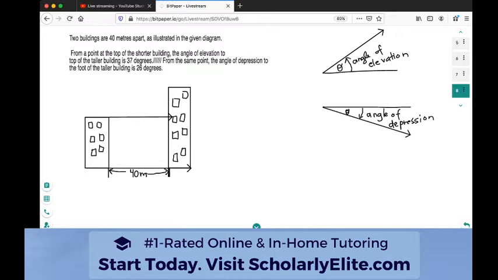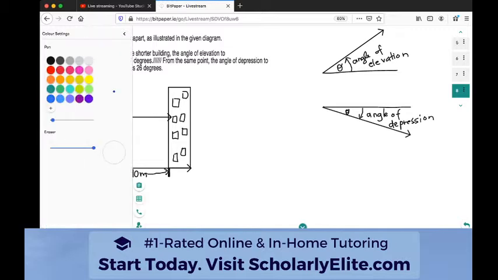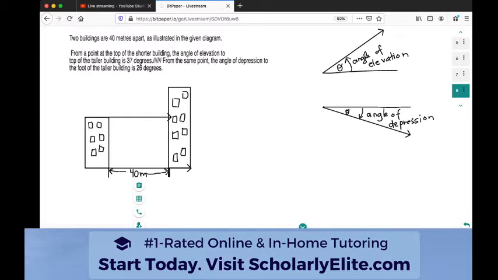Pretend that's like a dotted line. This is going to be our baseline. Because we're saying from a point at the top of the shorter building, that's going to be our baseline, and then we're saying the angle of elevation. I'm going to use a blue color here.